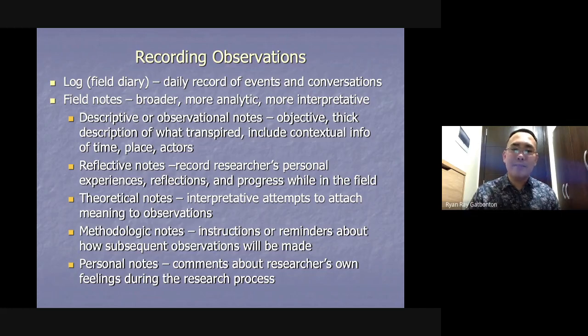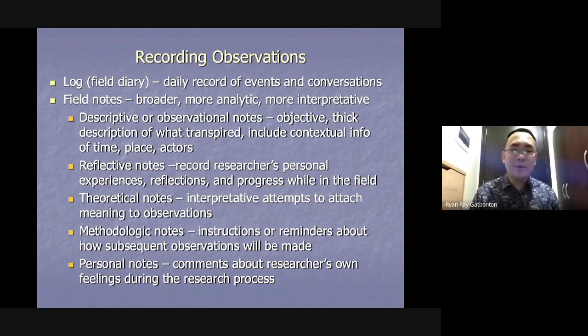It can be a descriptive or observational note, which are objective, thick description of what transpired, including textual info of time, place, actors. So you try to write down what happened during the day, and even the time, place, and actors.